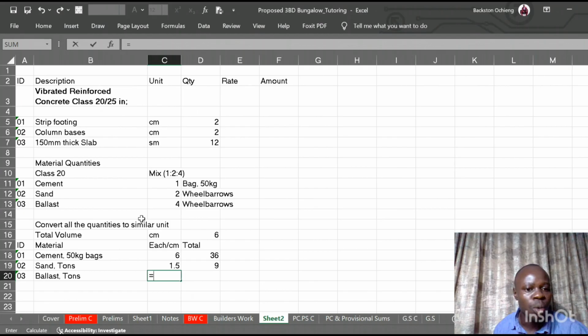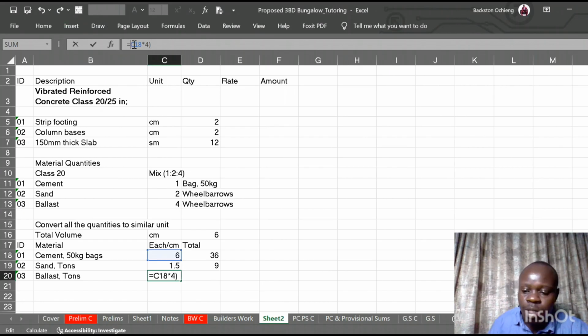So what that means is that now we have a total of 6 bags. Therefore we should be taking the 6 multiplied by 4, because every bag goes with 4, so it's the number of total bags, which is 6, times 4. That gives us 24 wheelbarrows of ballast.